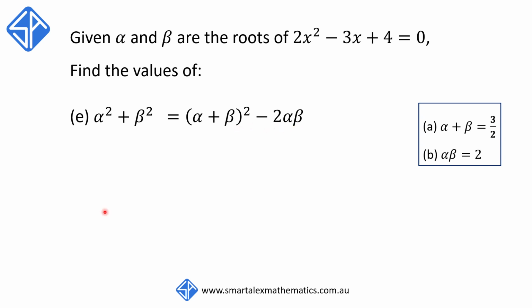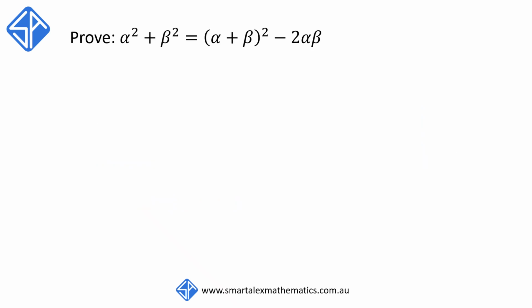Be careful and don't make the common mistake of thinking that alpha squared plus beta squared is equal to alpha plus beta squared. These two expressions are definitely not equal to each other. Now, before we begin, I want to prove to you this identity. So we want to prove that alpha squared plus beta squared is equal to alpha plus beta squared minus 2 alpha beta. We're going to start off with the right-hand side.